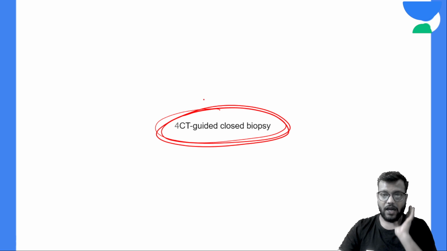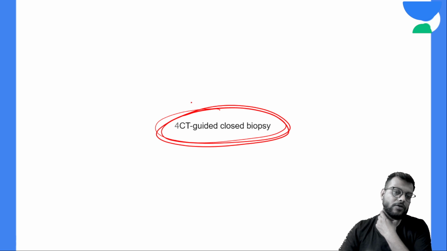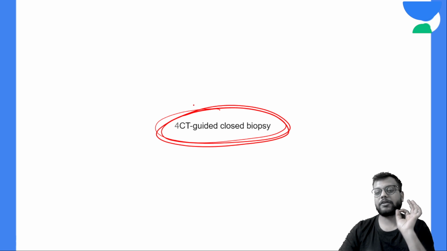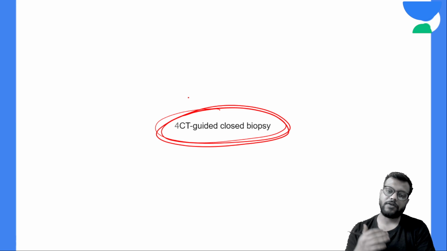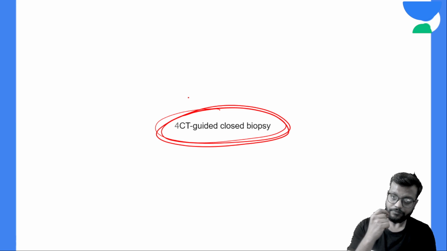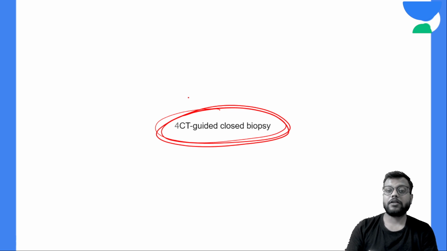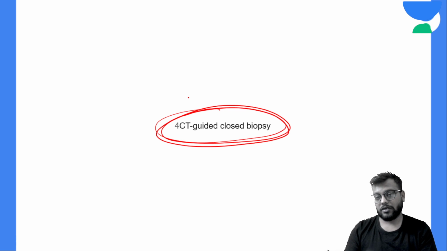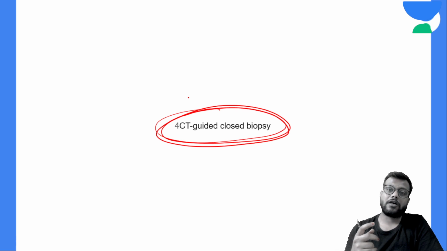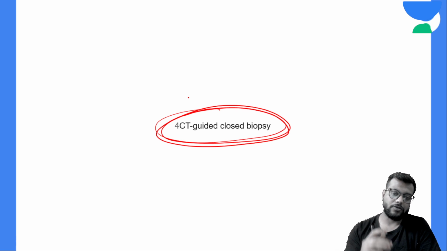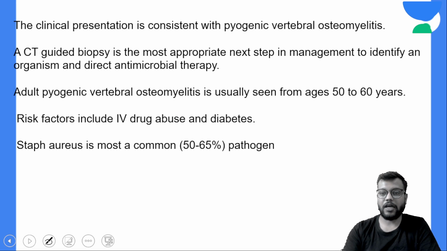In arthritis or osteomyelitis acute conditions, never start IV antibiotics before taking the sample for the culture sensitivity etc, because even 1 or 2 doses of the IV antibiotics will make the culture sterile, and you will not be able to find the pathogen. So very importantly, that's why we are going for the CT guided biopsy.